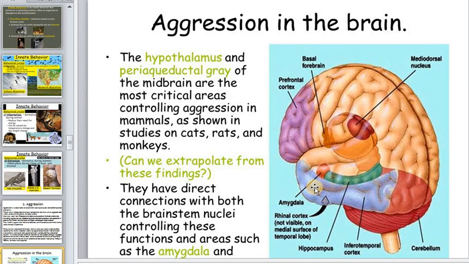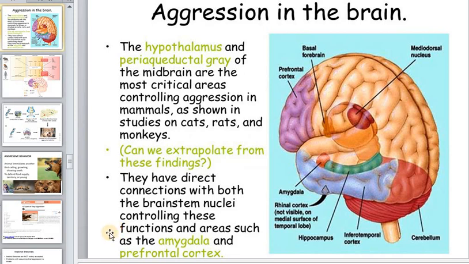And can we extrapolate from these things? I don't know. I even think there is a direct connection with the brainstem nuclei. Here we don't see the brainstem, and these nuclei control this function, and areas such as the amygdala and even the prefrontal cortex. Here we see this part of the cortex.